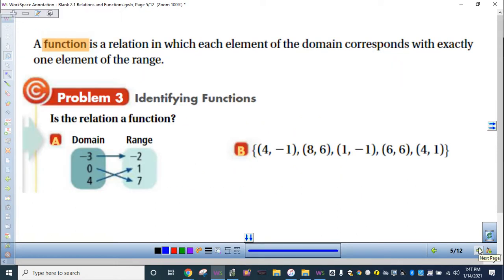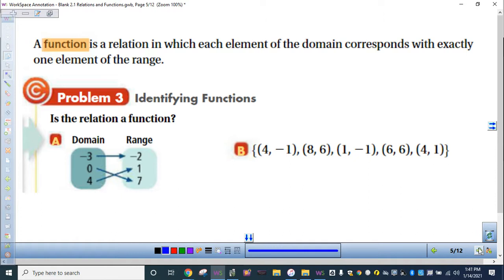So a function is, read that top sentence. Just take a moment and read that, and then we'll talk about what it means. It says a function is a relation in which each element of the domain corresponds with exactly one element of the range.